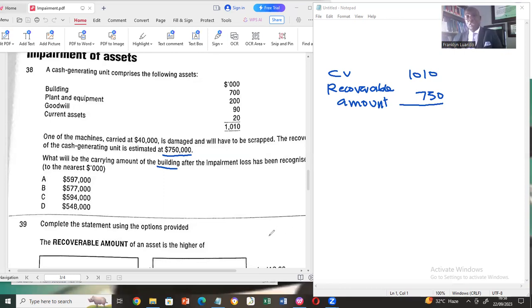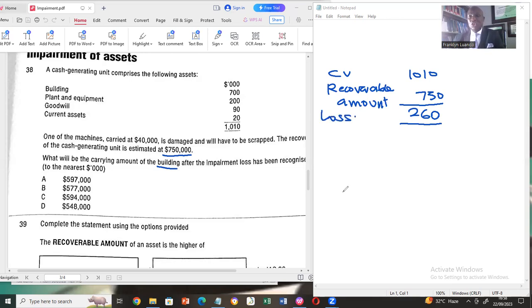So the issue is, why should you carry the cash generating unit at 1010 when you can only recover 750? That is an impairment. So the impairment there is 260. That is the impairment loss.